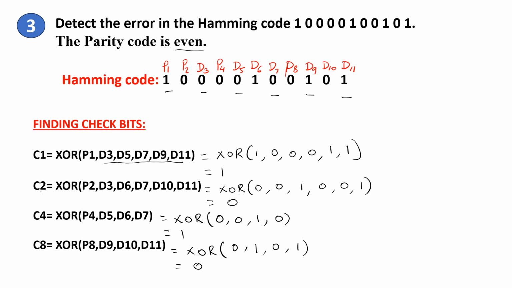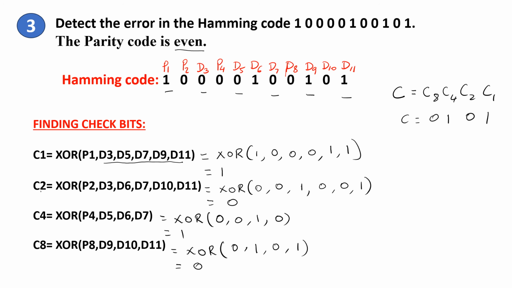So here now the check bit C is equal to C8, C4, C2 and C1. So C8 is 0, C4 is 1, C2 is 0, C1 is 1. So C is equal to 0, 1, 0, 1.